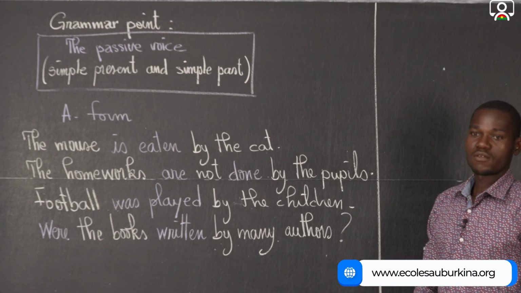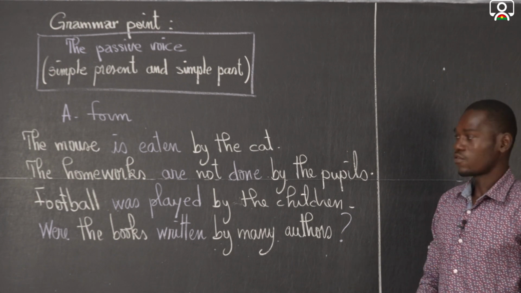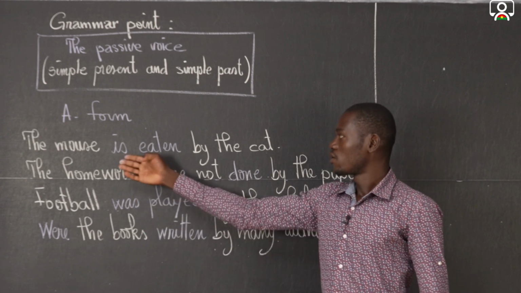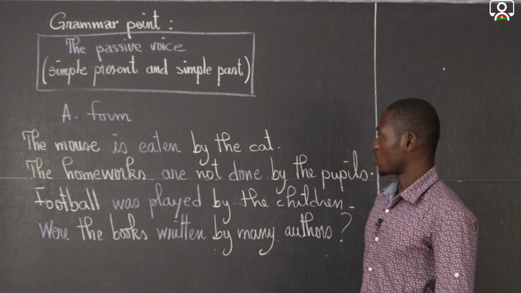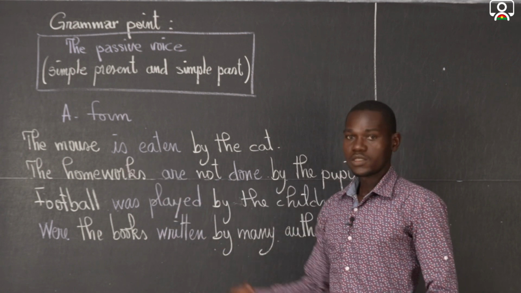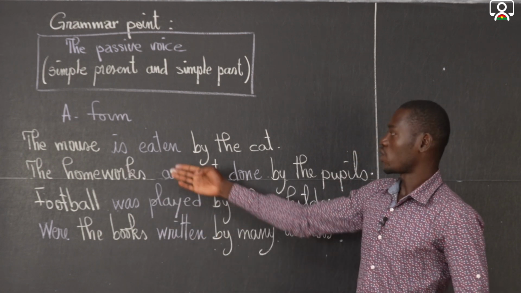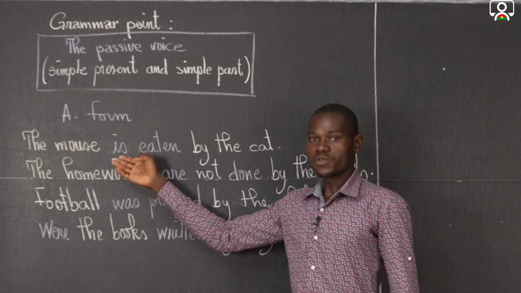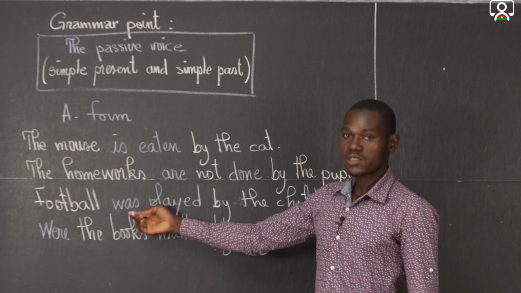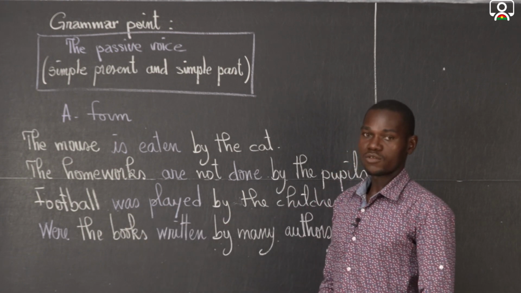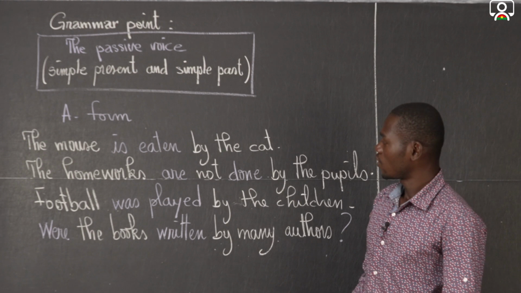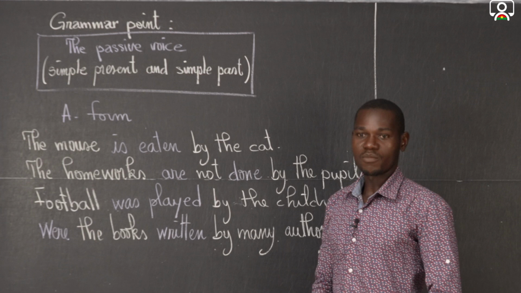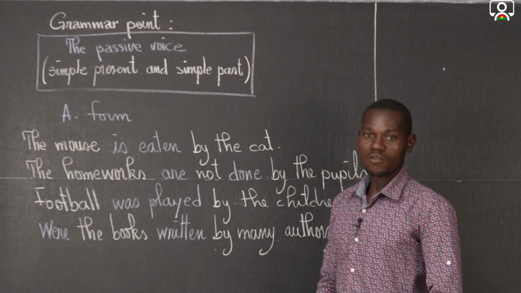How do we form the tense in the passive voice? So you can see that the rule to form the tense is to be plus the past participle of the verb. Here to be is in the simple present, here it is in the simple past. So you have to conjugate to be and you add the past participle of the verb to make the tense in the passive.